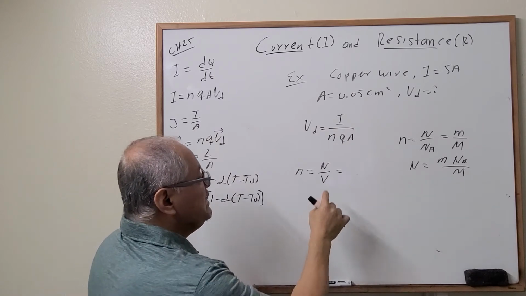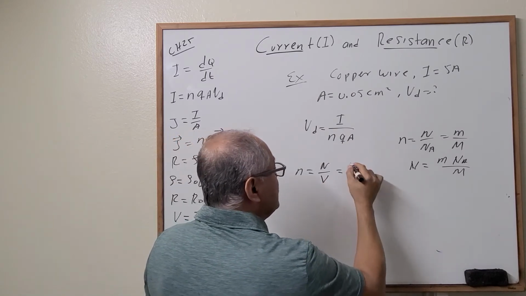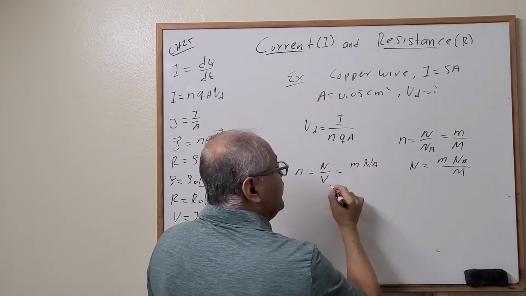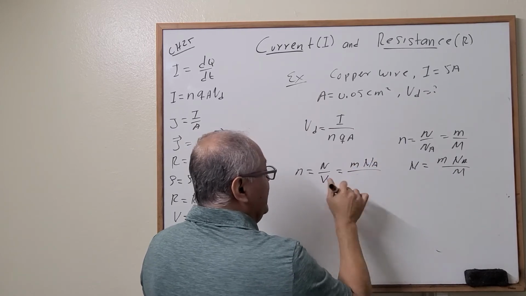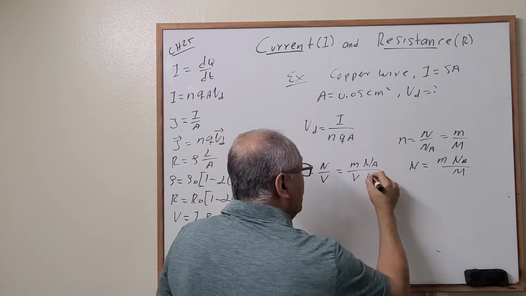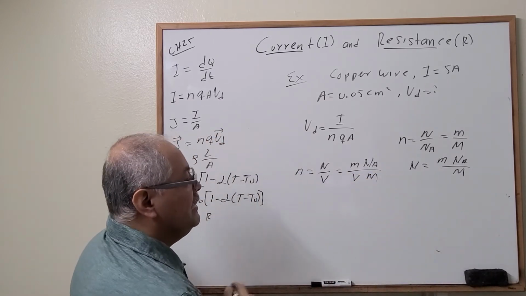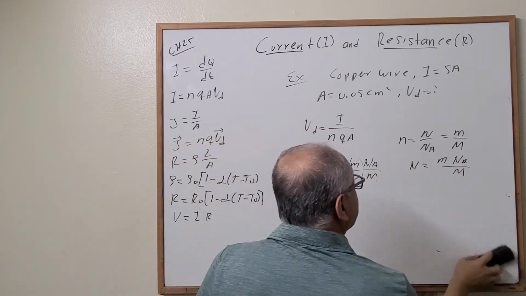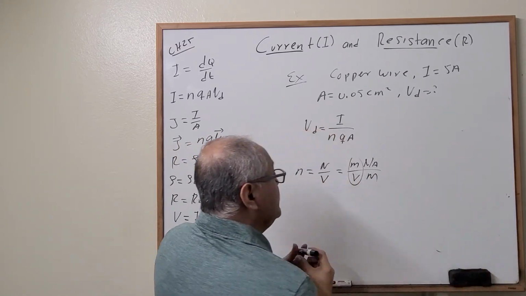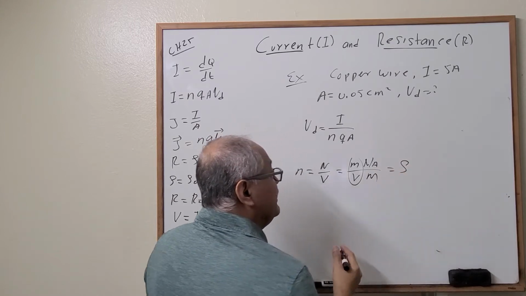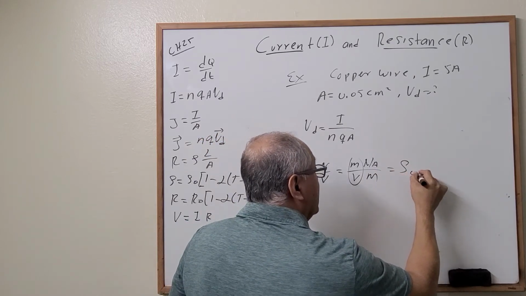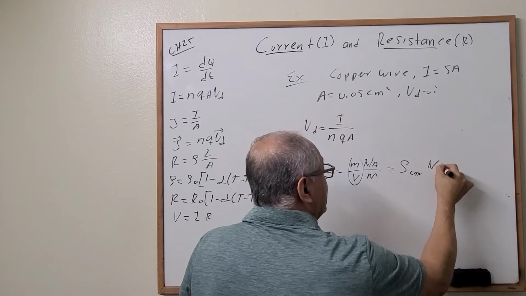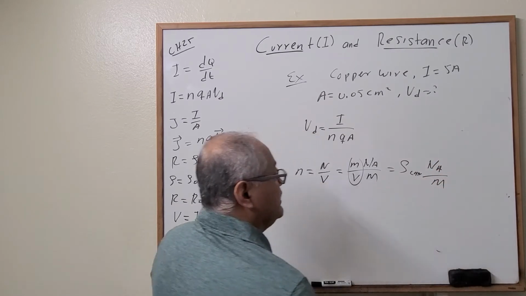Okay, when we substitute this value right here, what do we have? This equals mass, correct? What else? Avogadro's number divided by V right here, divided by molar mass. Now, what is this? Well, this is equal to density, the density of copper, right? Density of copper times Avogadro's number divided by molar mass.